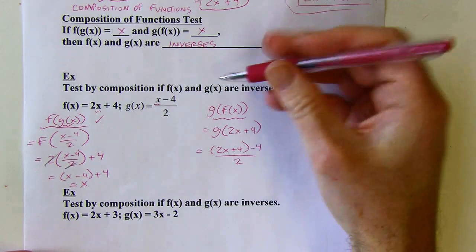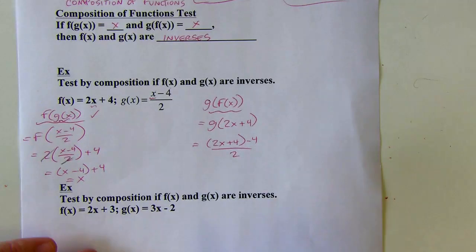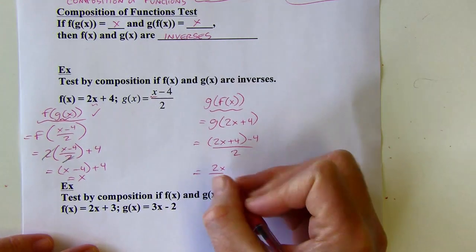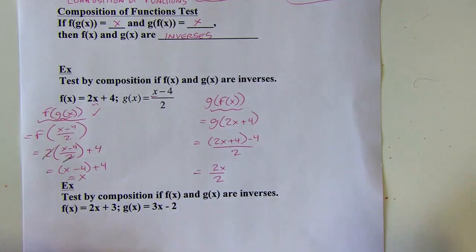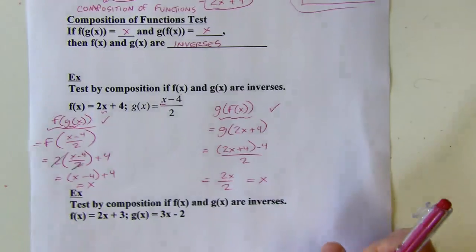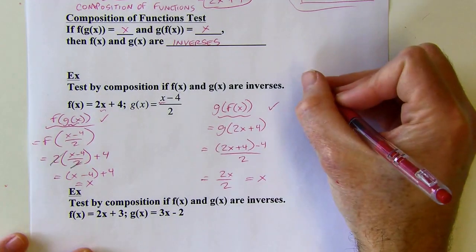I had something minus 4 over 2, and the something is 2x plus 4. Let's start simplifying. Hey, in the numerator, the 4's cancel. 4 minus 4 is nothing. And then, hey, the 2's cancel. This comes out to x, so it passed my second leg. So my answer is yes, they are inverses.